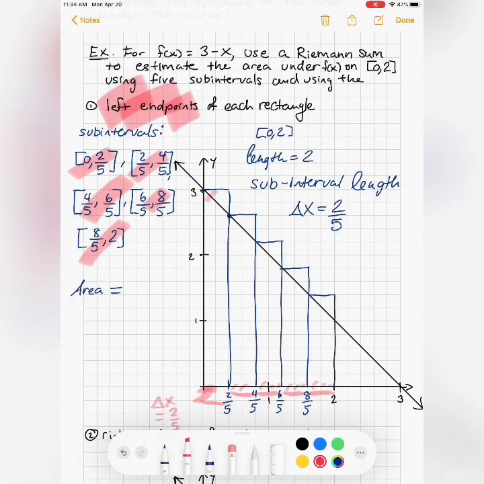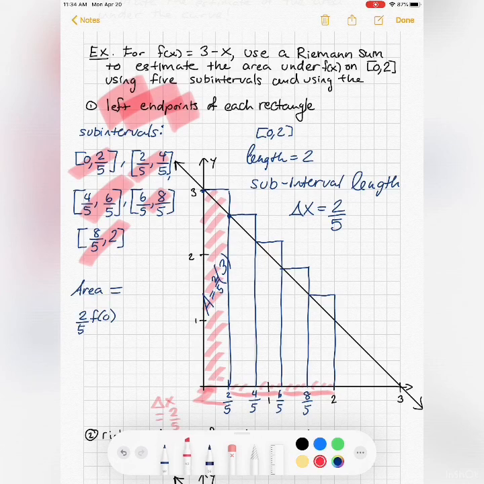So to find the area of, say, this rectangle, I multiply the base, 2/5, times the height. So the height of that guy's 3, right? Or in other words, that guy's 2/5 and then f of 0.